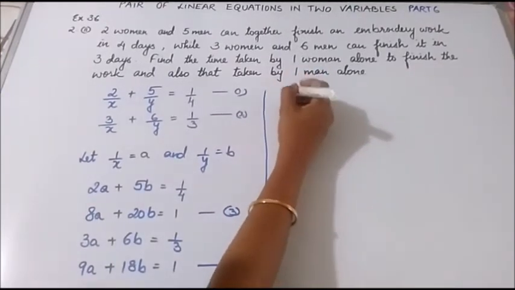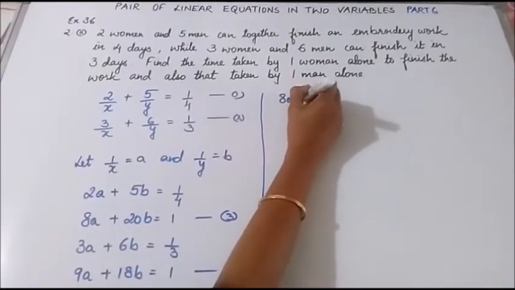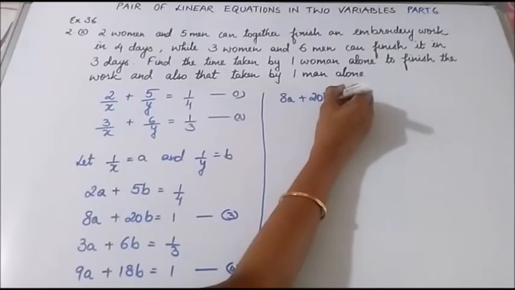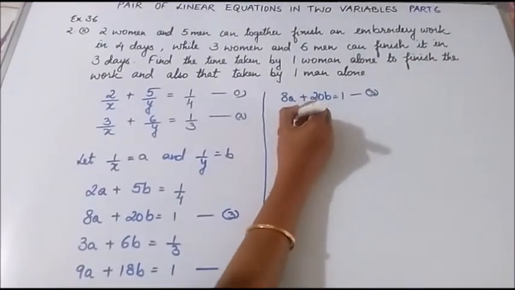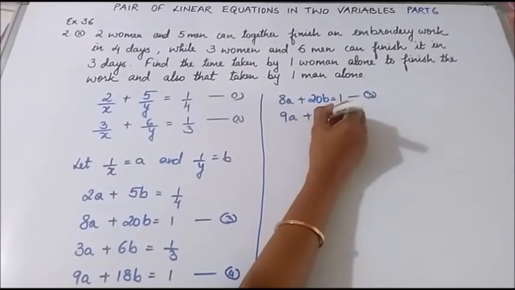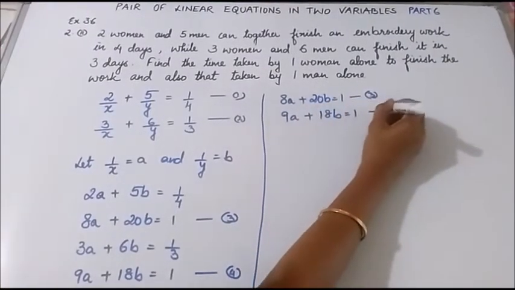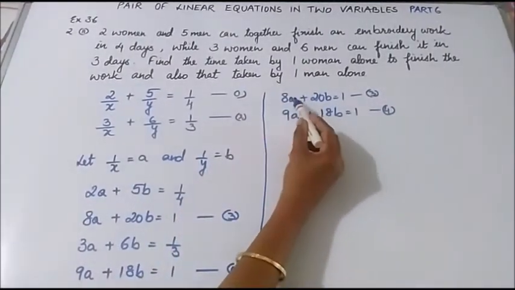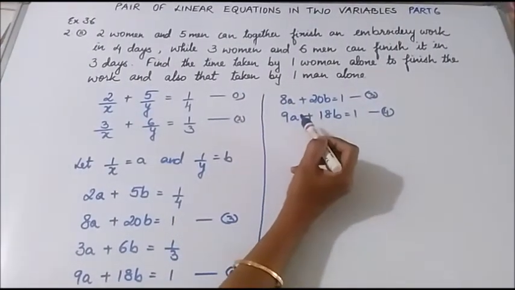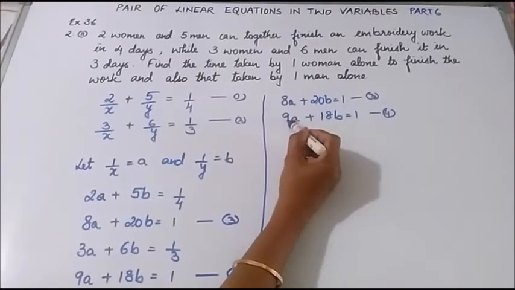The two equations are 8A plus 20B is equal to 1. This is the third equation. And then we have 9A plus 18B is equal to 1. That is the fourth equation. Now as we can see, the coefficient of A is not the same. So we will make it the same. LCM of 8 and 9 is 72.